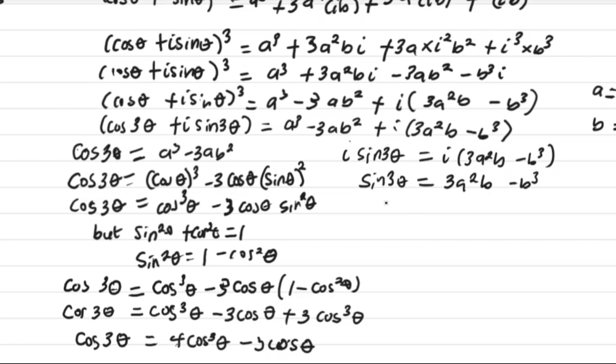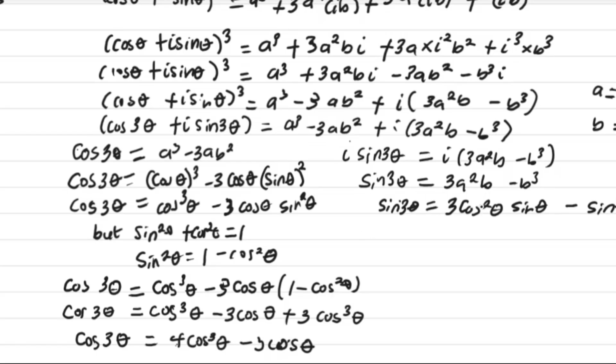So the same approach here, if we say that sine 3 theta is equal to 3 multiplied by a square, that's cos square theta, our b, sine theta, minus sine cube theta. So now you will use the same approach. Sine square theta plus cos square theta is equal to 1.